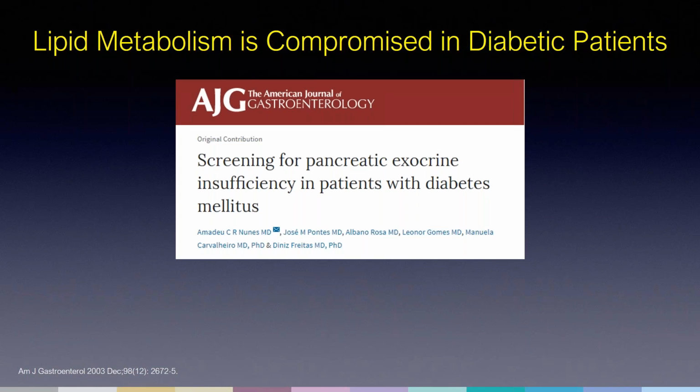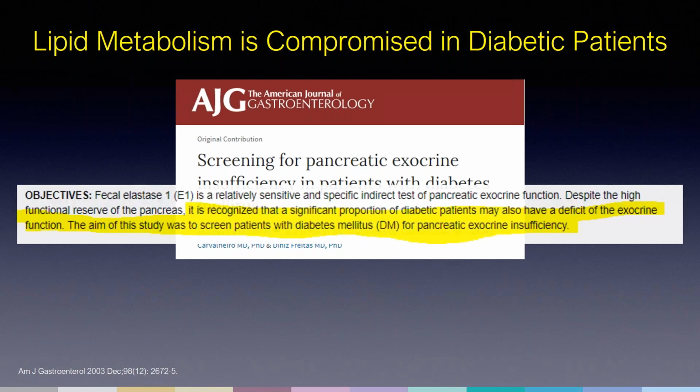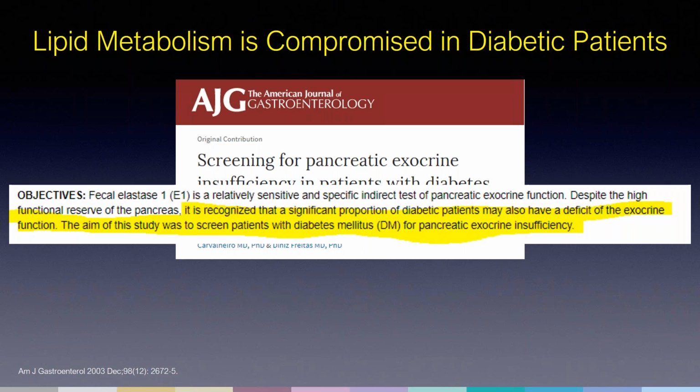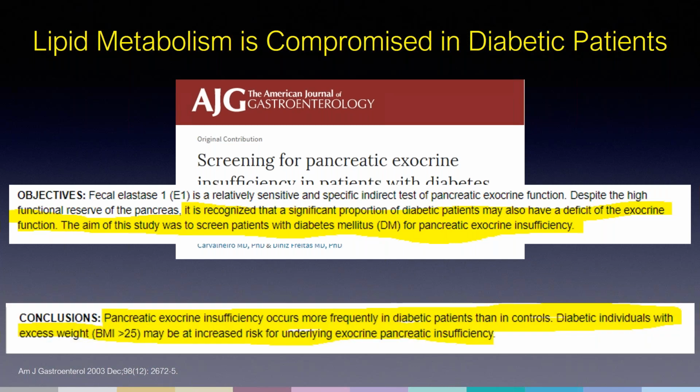And this is a study from the American Journal of Gastroenterology that looked at patients with diabetes, and they note that a significant proportion of diabetic patients have a deficit of exocrine function. So this exocrine pancreatic insufficiency makes it more difficult for diabetic individuals to absorb fats properly and in proper proportions, and especially those patients who have excess weight or a high BMI, they're at much more risk.